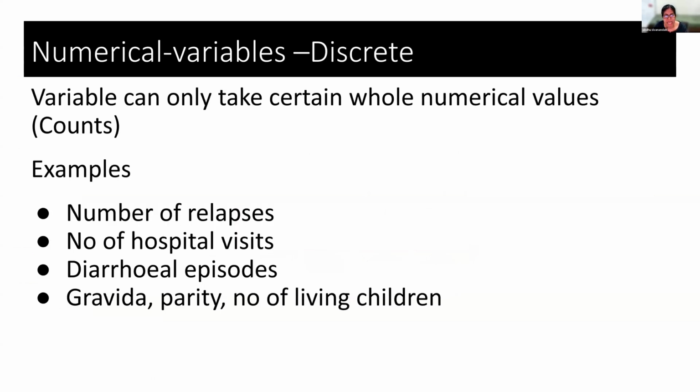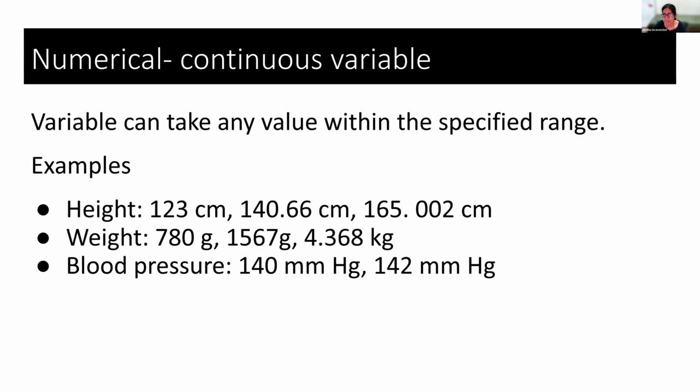Now coming to numerical variables, they are discrete and continuous. Discrete can take only a whole number value, for example number of episodes of diarrhea, vomiting, number of live births. So they can have only whole numbers, so they are called discrete variables, whereas a continuous variable can have any decimal point and still make sense.